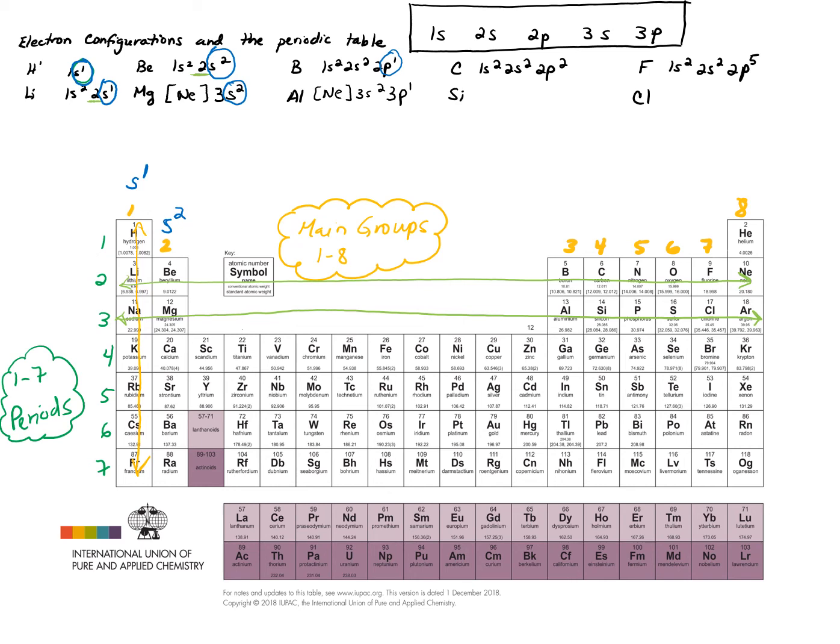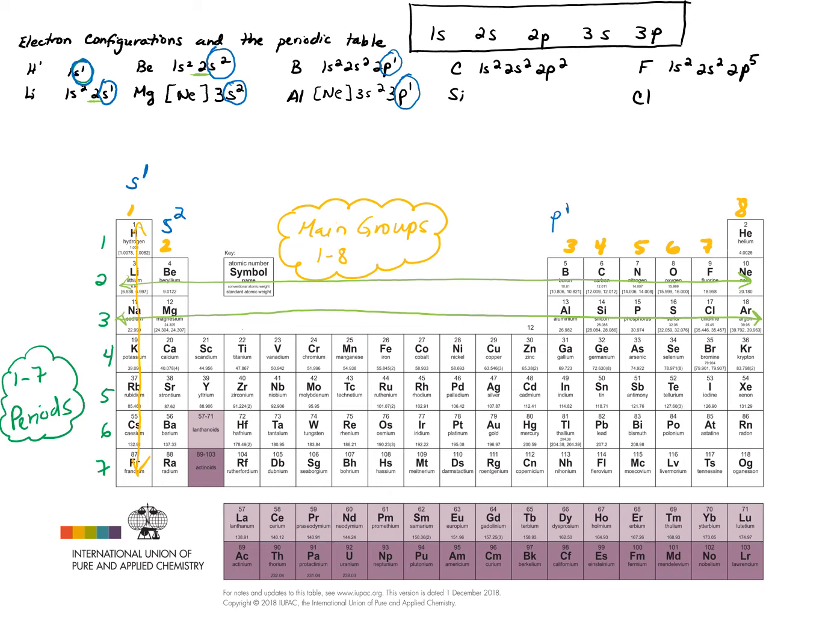The last part in your electron configuration for aluminum is p1. So boron and aluminum are in the same group in the periodic table. They end in p1.